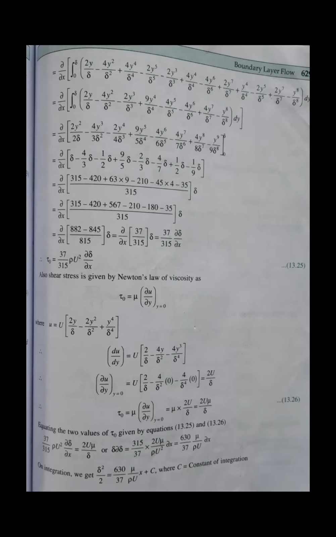Though it is a manipulation with many numerical values, it requires high care, and ultimately you should get the correct value. So after doing LCM, and after the numerator is reduced, you will get the value 37 by 315 delta. So that is the momentum thickness value.